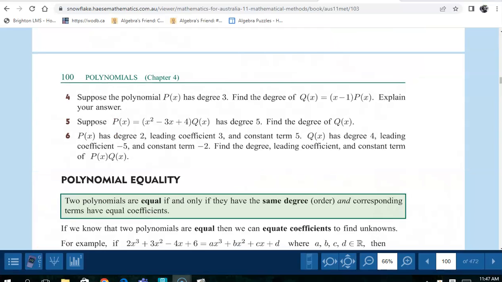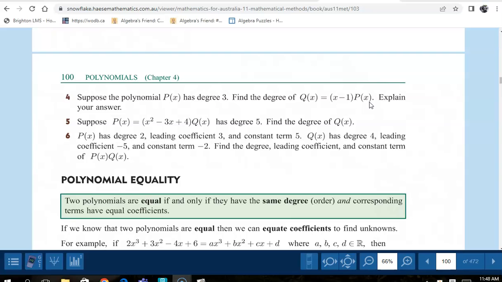Okay, suppose the polynomial has degree 3. Find the degree of q of x. So they're saying p of x is degree 3, so that's an x cubed. What happens when you times an x cubed by another x? X to the 4. So we've got a degree 4. So lots of words. Some students go, oh, it's not asking you for anything major.